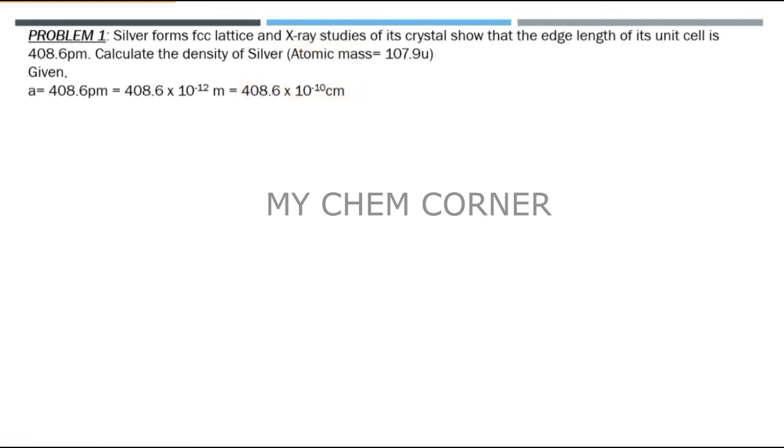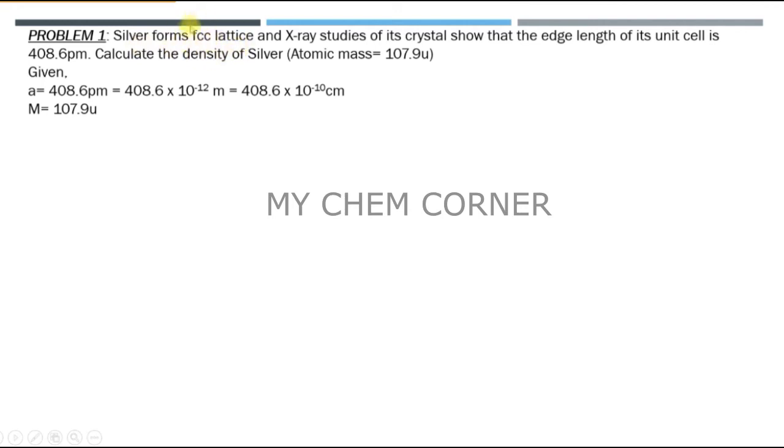Now next, what is given to us in the question is the atomic mass of silver, 107.9 U. Now the next value that is not given but should be understood is in the first sentence here. Silver forms an FCC lattice.